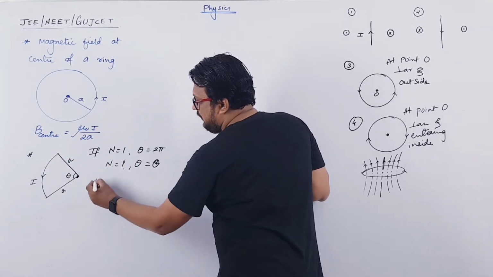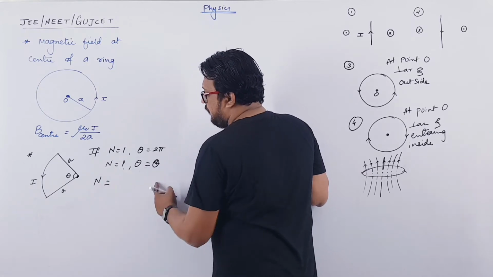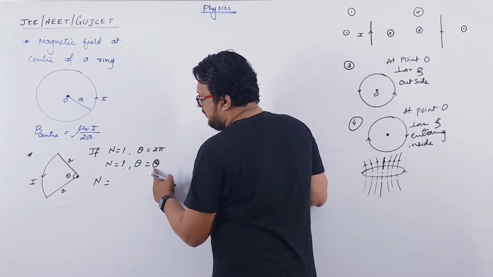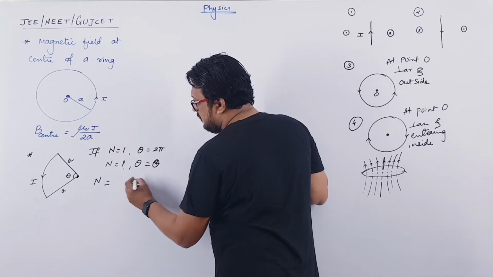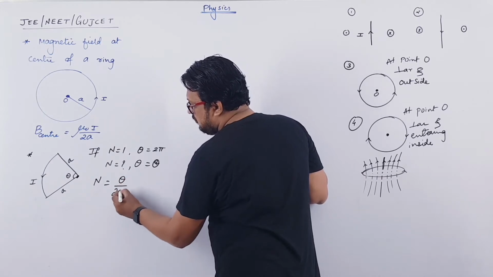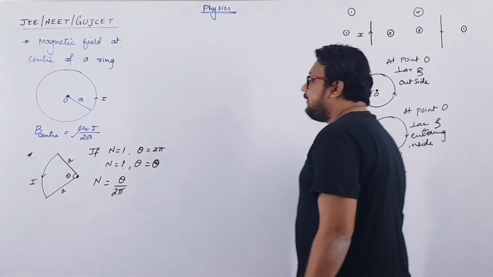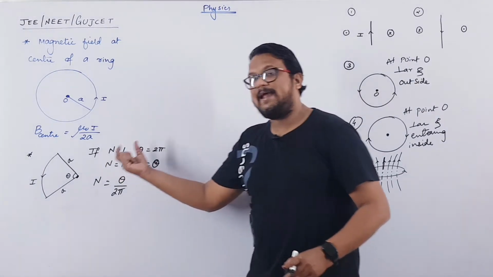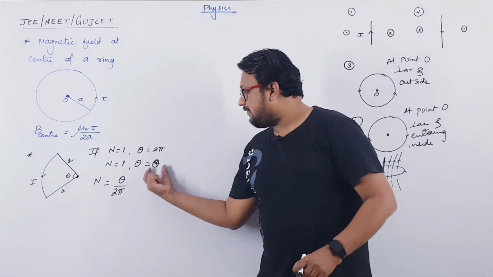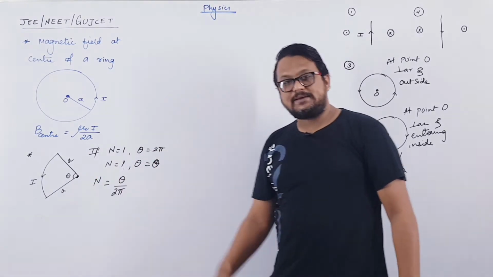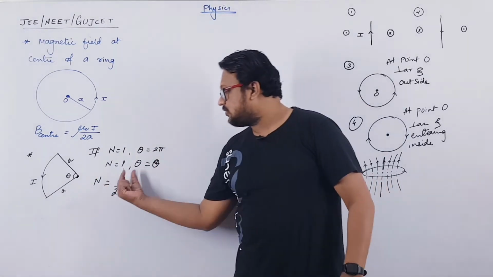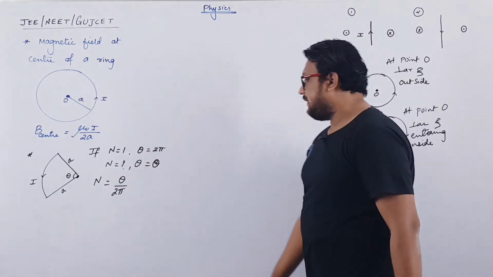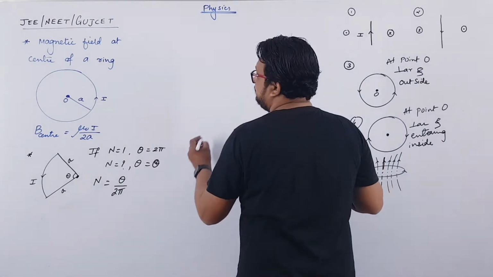So here if you make n subject, n will be equal to theta over 2 pi. What we have done? For one turn, angle is 2 pi. So for given angle, how many number of turns are there? So that is n equal to angle over 2 pi. Clear?